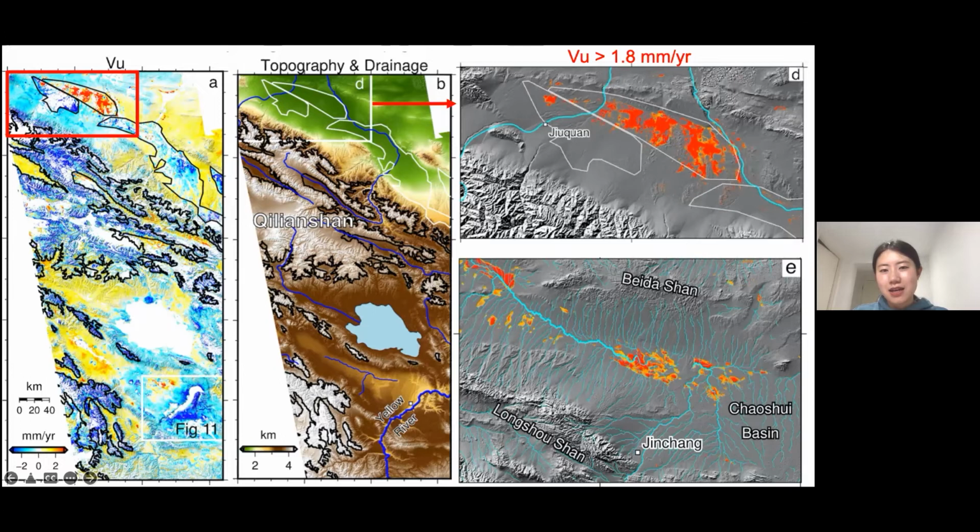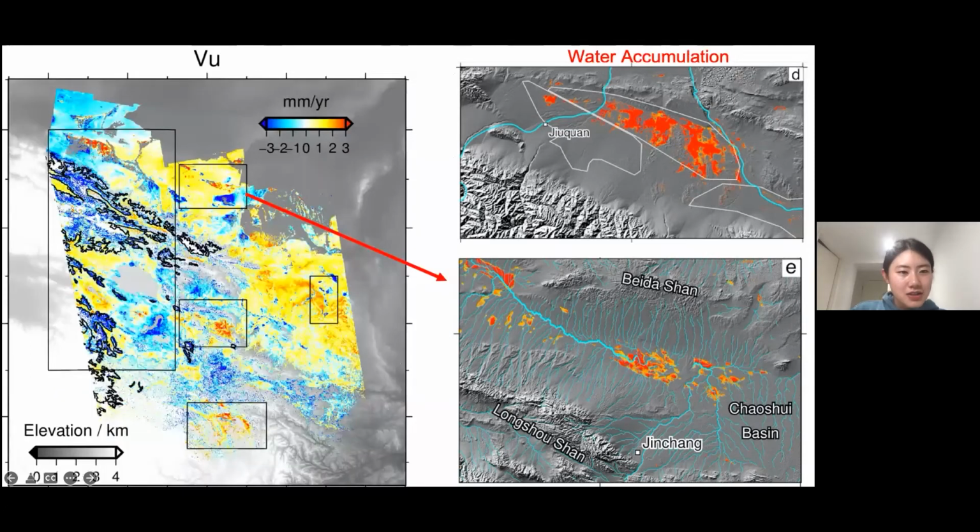And similarly, on the second polygon that we just had a look at, this uplift signal is where three drainage systems join together, and this is an area of internal draining. So again, with increased flux of water, we see uplift signals.